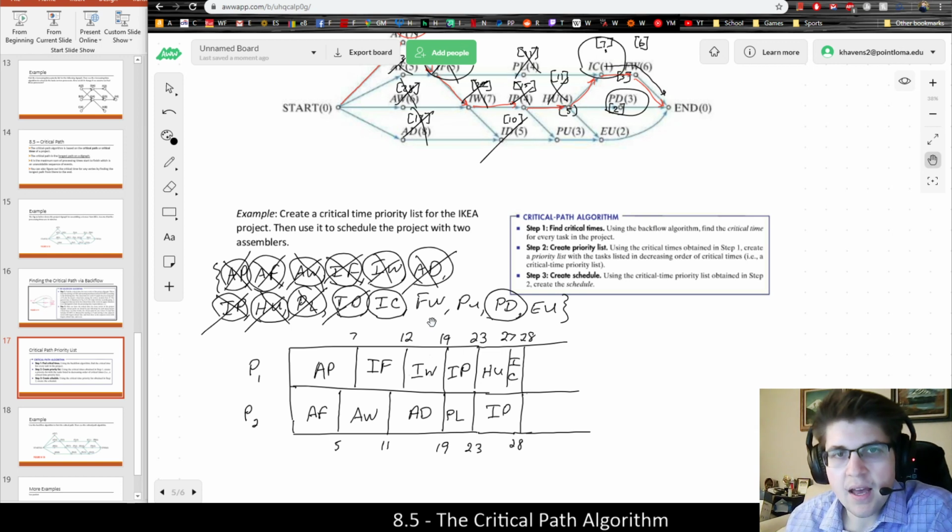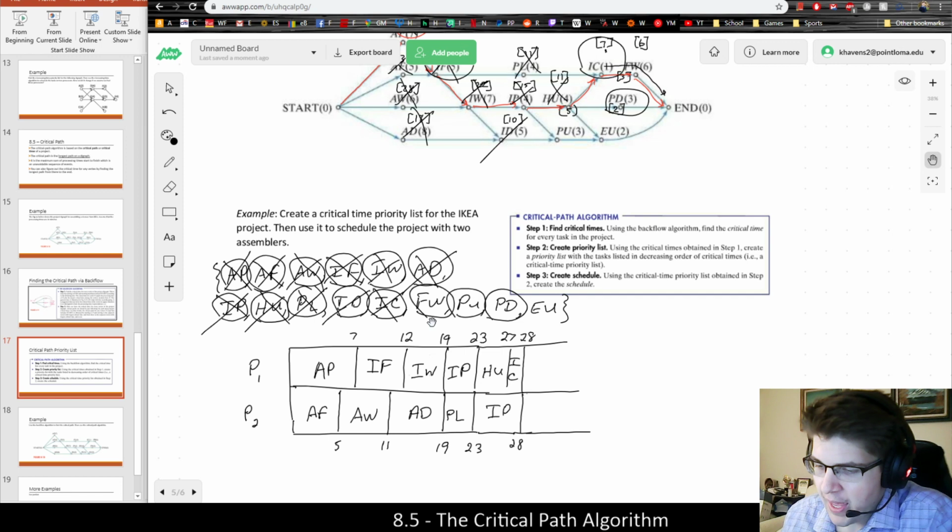And then IC will be done, and FW will become ready as well. So FW is now ready, and at 28 minutes, PU will also become ready because processor 2 has now finished with ID.